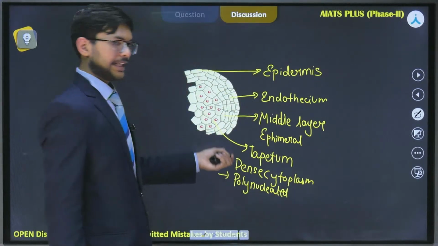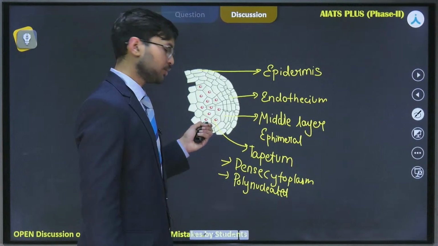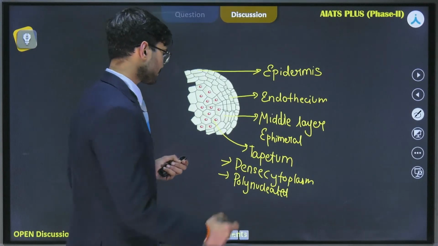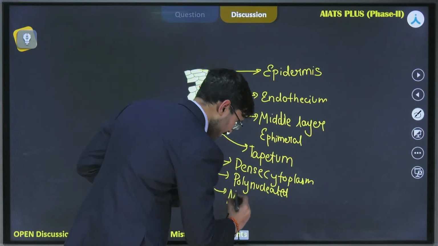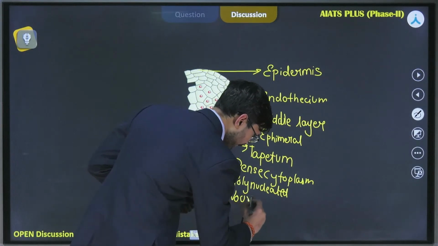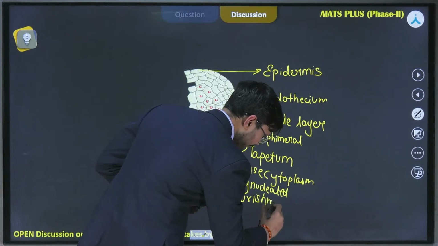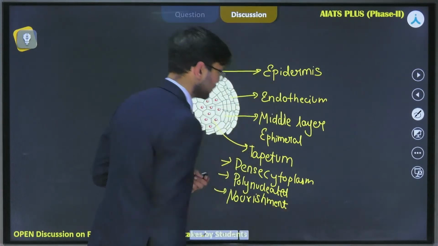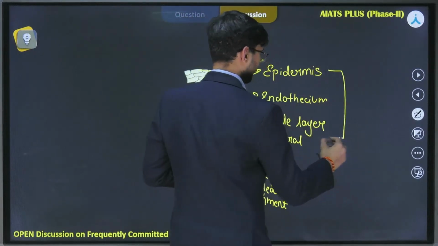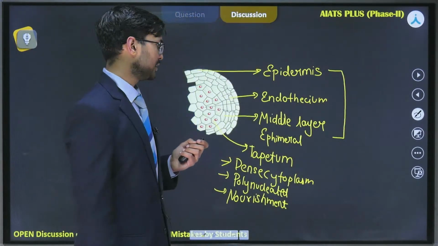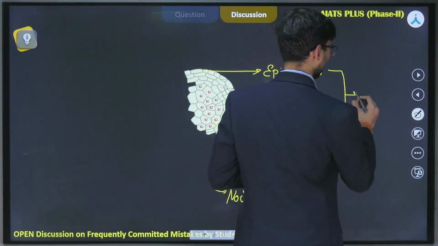This tapetum layer surrounds the sporogenous tissue and is responsible for the nourishment of the sporogenous tissues. The outer three wall layers, that is epidermis, endothecium and middle layer, are responsible for protection and dehiscence of the anther.